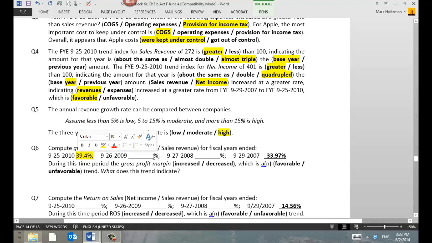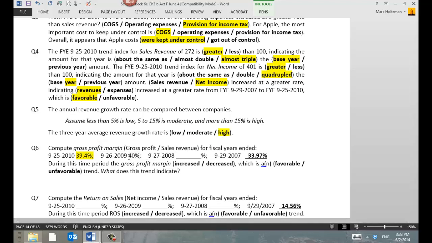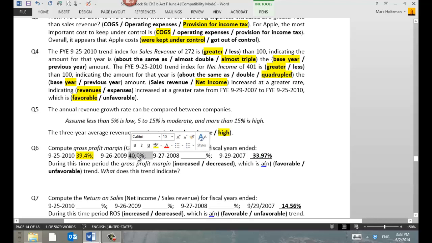For 2009, what is it? 40.0%? You guys are such perfectionists. How about 2008? 35.2%.